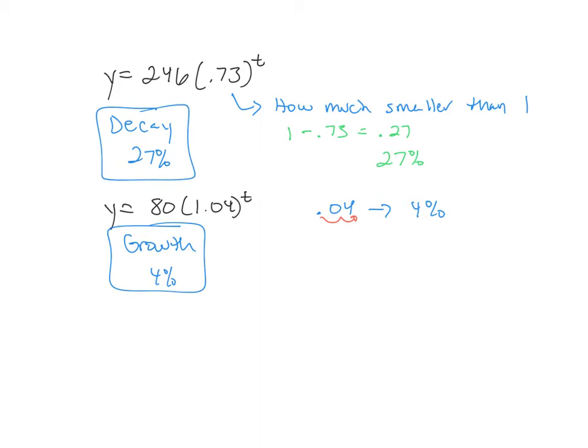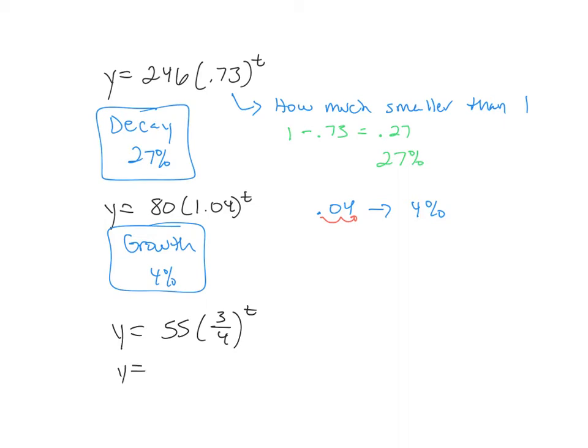The last 2 problems will have a fraction on the inside. So let's just look at one of those real quick. And so really you want to convert that fraction to a decimal.